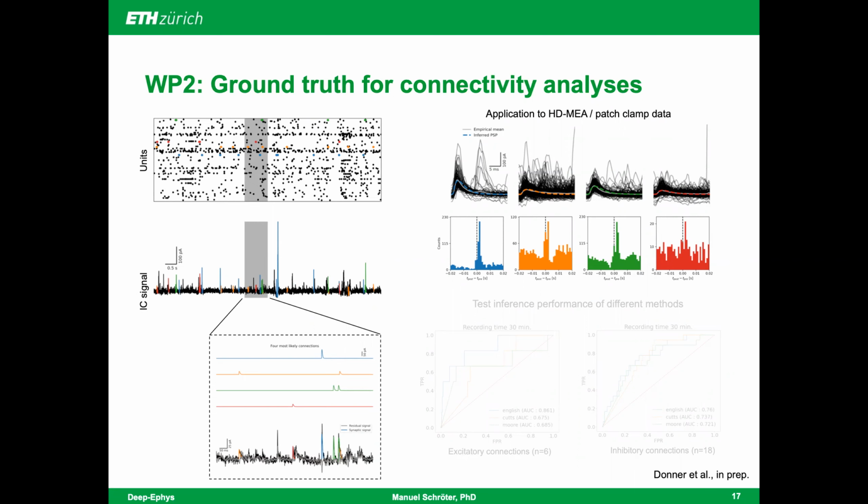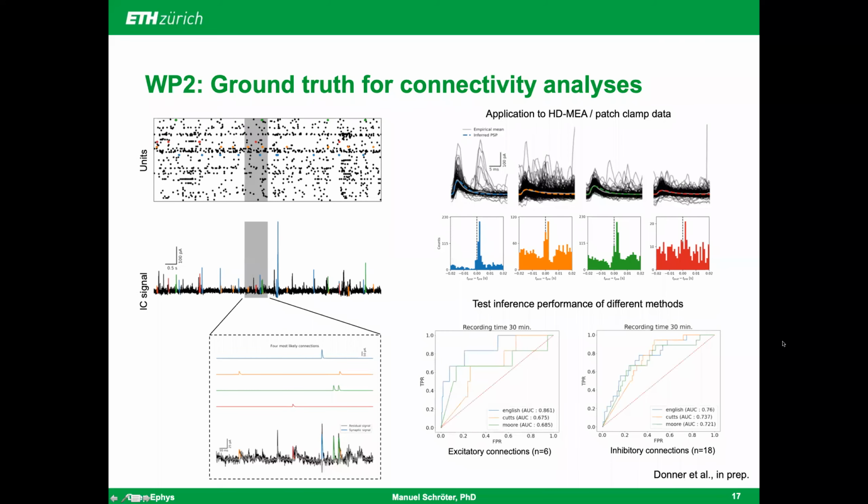Since we know from our HD-MEA recordings where each presynaptic neuron and the patched cell are located, we can then ask how well synaptic connectivity can be estimated by their spike activity alone. We foresee that the inferred ground truth data will then allow benchmarking of different connectivity inference methods. The right panel shows some preliminary results here for the inference of synaptic connectivity and some performance tests for excitatory and inhibitory connections. But this is preliminary data.